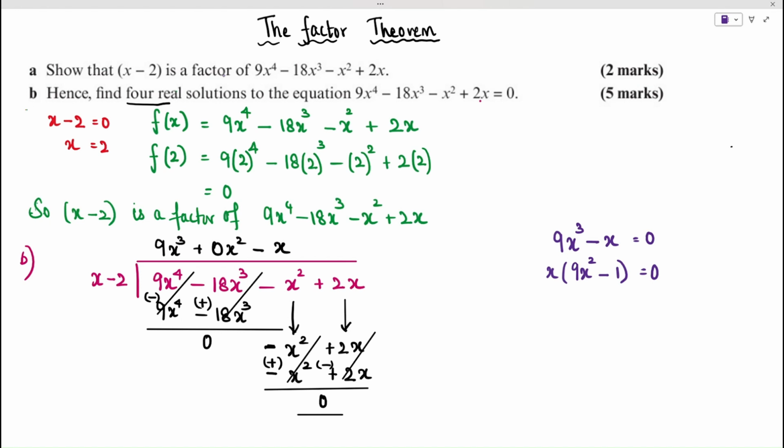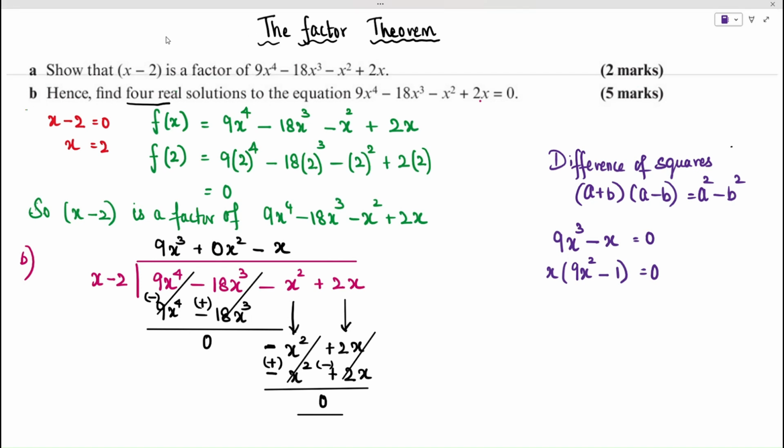And now we're going to inspect our 9x squared minus 1. This here is an example of the difference of two squares. So the difference of two squares can be expressed as a plus b in brackets times a minus b is equal to a squared minus b squared.